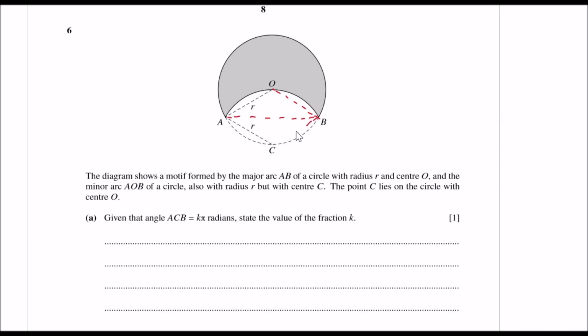If I join this, suppose this is x. So this would be 2 pi minus x, right? Now, this is the angle at the circumference.